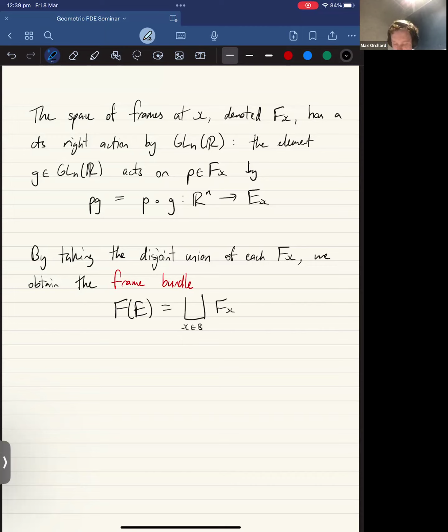Now, this is a principal GL_n bundle with the action that I just described. And each of the fibers is then homeomorphic to GL_n, which hopefully makes sense, morally.